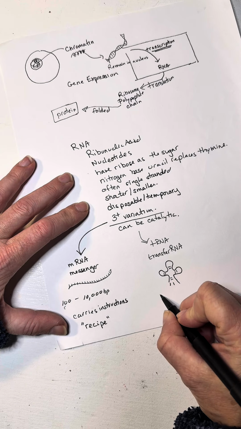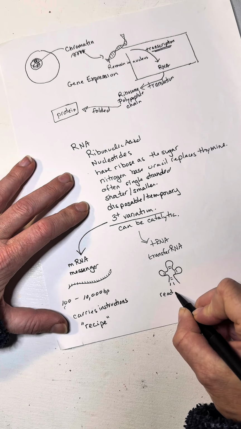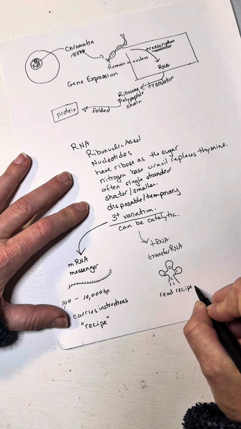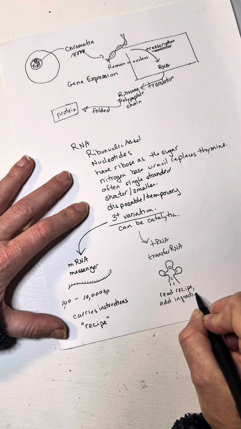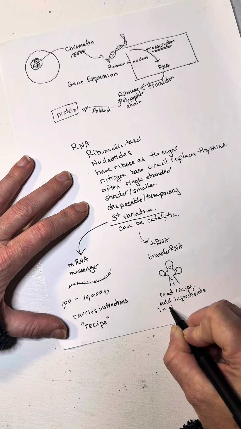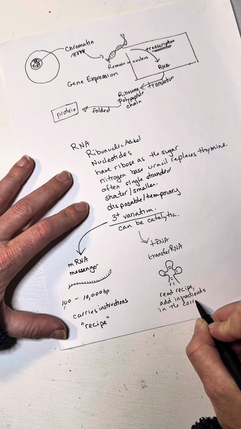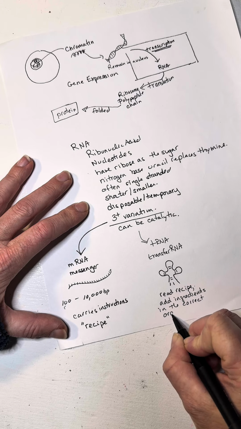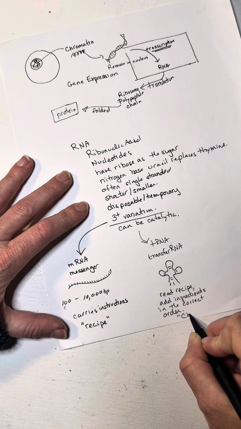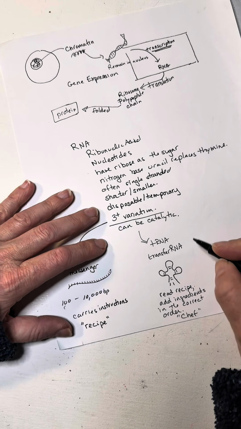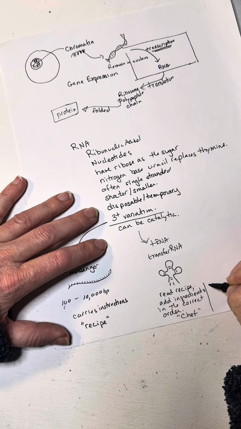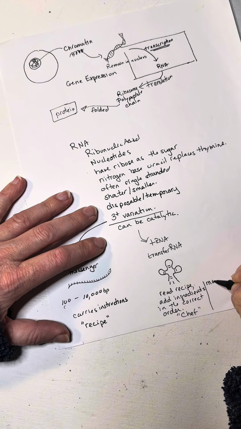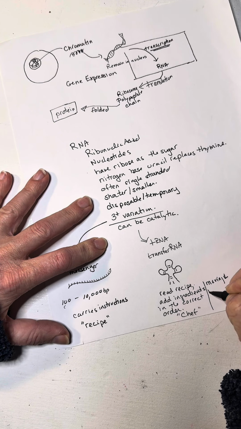It's going to read the recipe and, in a sense, add ingredients in the right order. That's what a chef does. The ingredients we're talking about are amino acids. So we could say in a more scientific way that tRNAs are responsible for moving and placing correct amino acids.